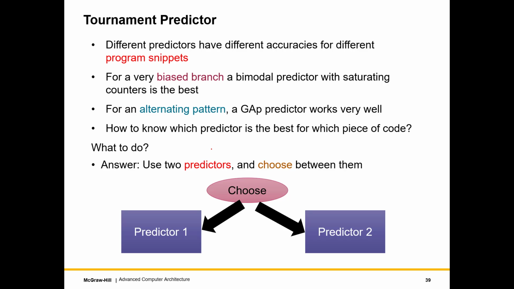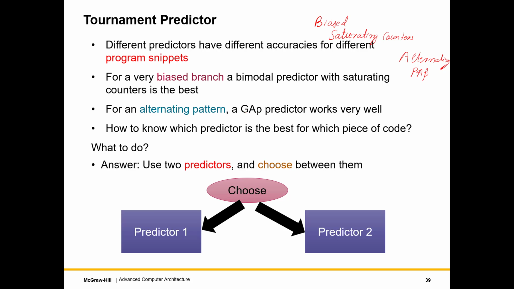Now, given that we have seen so many predictors, what we have seen is that for a highly biased branch, we would need a predictor based on saturating counters. For something that is heavily dependent on the context, like an alternating pattern, we would need a PAP-like predictor that has multiple GHRs, and there is a lot of context, right?